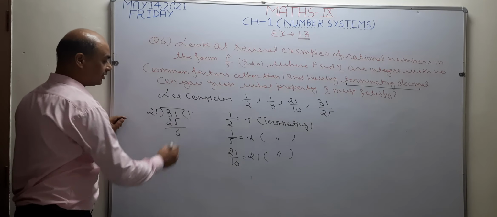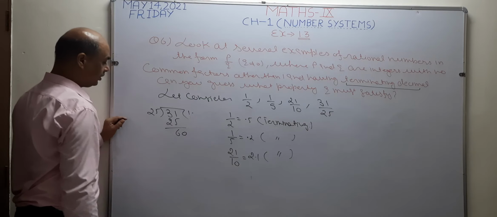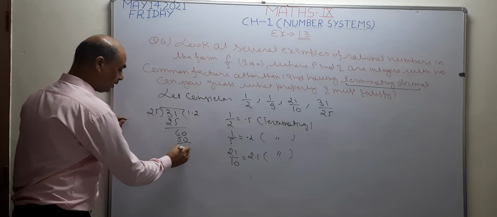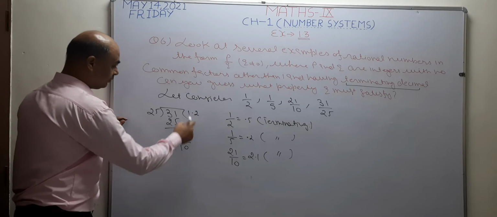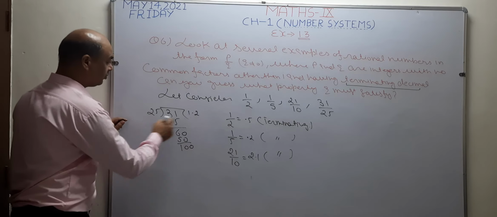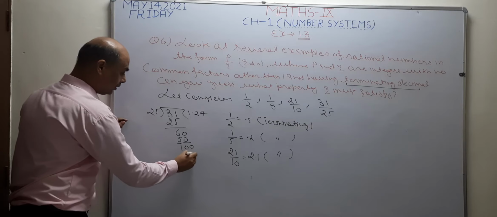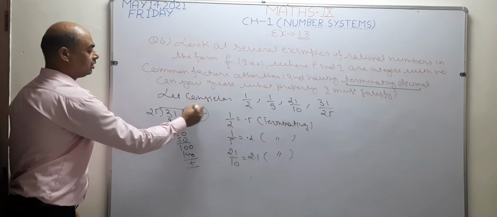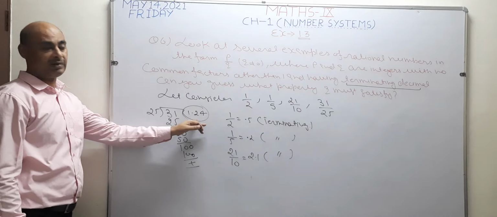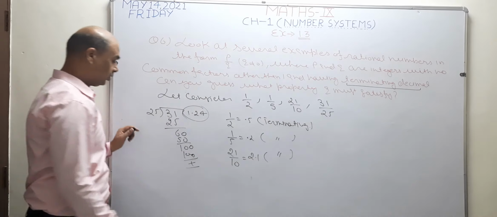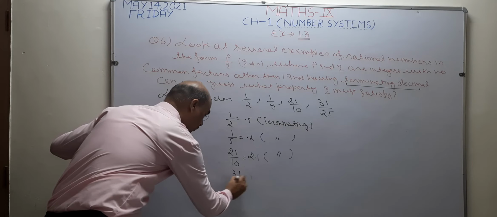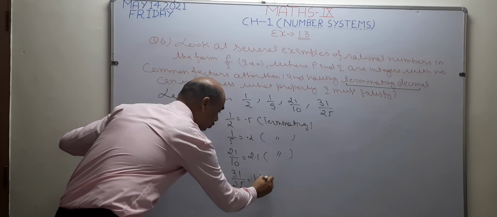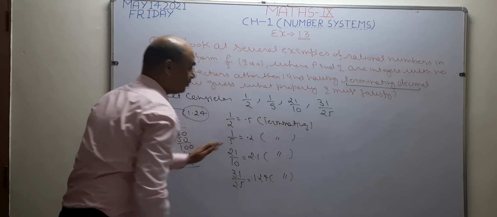I take a decimal here, after the decimal I put 0 here. 25 2s are 50, 10 is there, after the decimal 10 is out, so this becomes 100. 25 4s are 100, again the remainder becomes 0. Since the remainder becomes 0, this decimal expansion is terminating. So all 4 examples represent terminating decimal expansion.